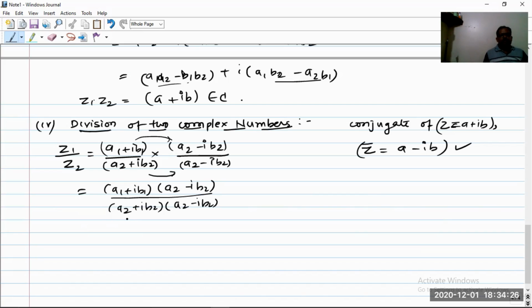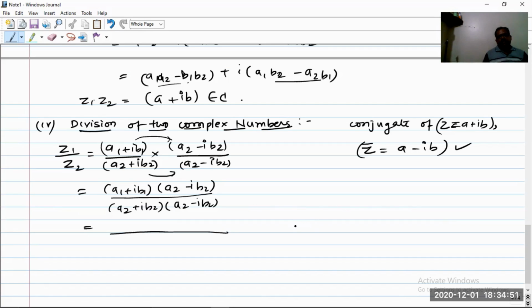So what will this give us? The denominator is the product of two binomials in which, if the first is a plus b, the second is a minus b, the first bracket has the addition and the second has the difference.